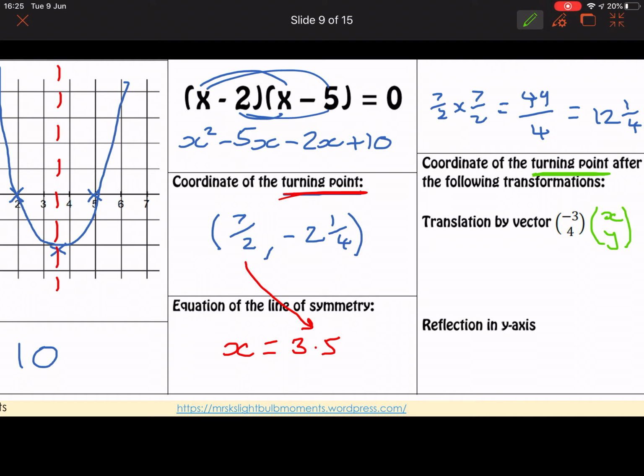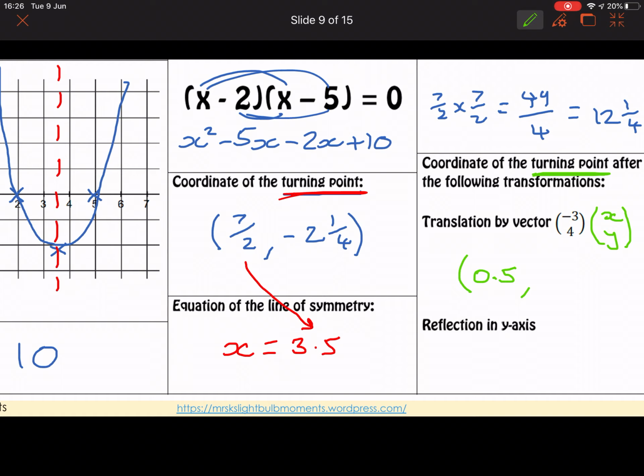The minus 3 relates to the x-axis, or the x-coordinate, and the 4 relates to the y-coordinate. So minus 3 along the x-axis means that it goes left 3. So my coordinate of my turning point was 7/2, so 3.5. If it goes left 3, it's just going to be at 0.5.